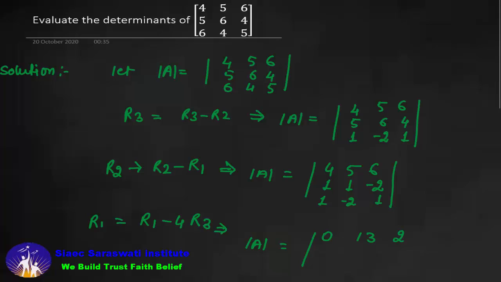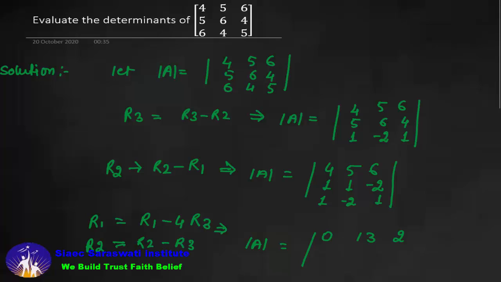Okay, again, and we can apply the another property also at the same time, that R2 is also equal to R2 minus R3.